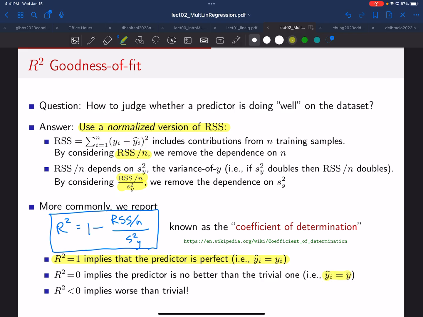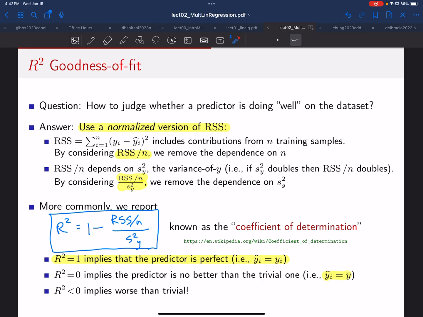And in that case, what is going to be the value of RSS? We've seen this. If I put the 1 over n there, and this is Y mean, you should recognize that expression. That's the variance. So this here is going to be n times the variance if you do that.